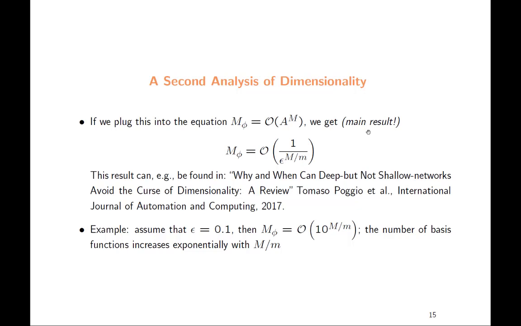This result can, for example, be found in the paper Why and When Can Deep but Not Shallow Networks Avoid the Curse of Dimensionality, a review by Tommaso Poggio and co-workers, published in the International Journal of Automation and Computing. So let's assume epsilon equals 0.1, so we want to have an error of only 0.1.